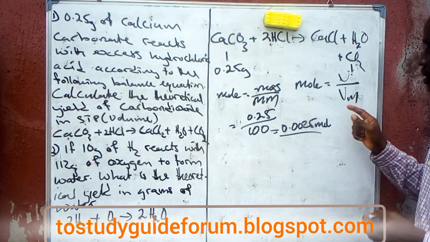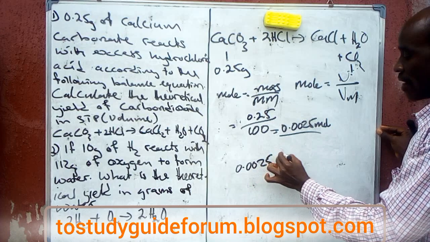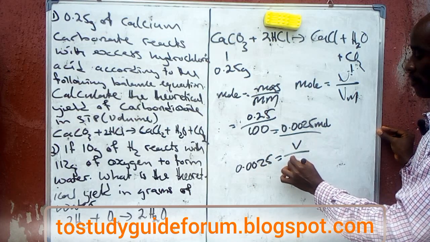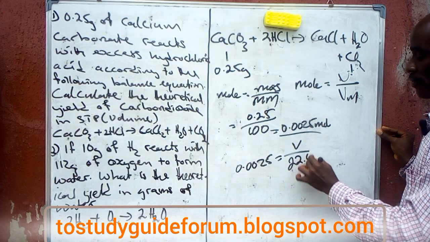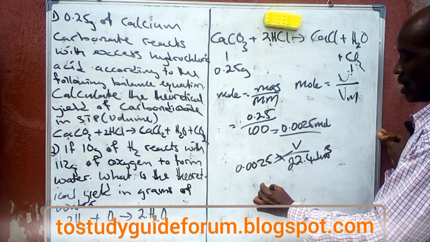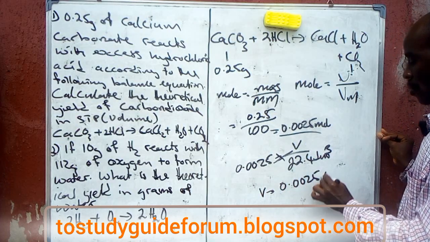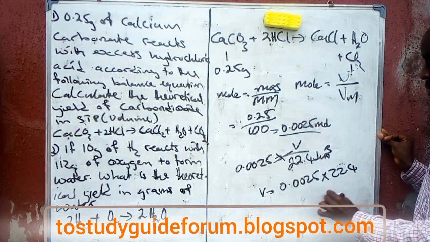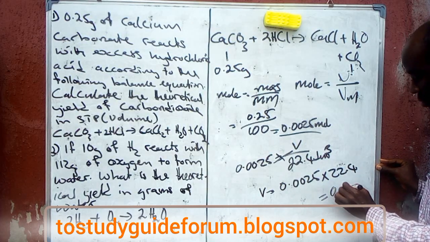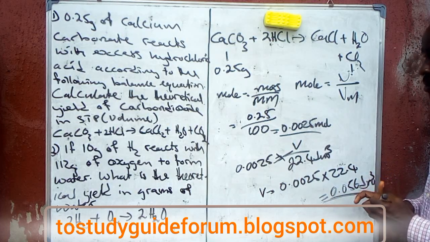In that case, we have our mole to be 0.0025, the volume we don't know, and the molar volume is always 22.4 dm cubed. So if we cross multiply, we multiply 0.0025 by 22.4. That will give us 0.056 dm cubed of volume. That is what we have.